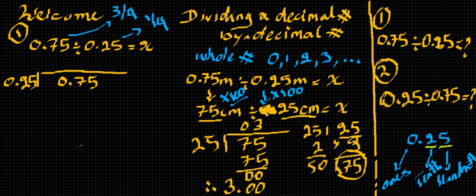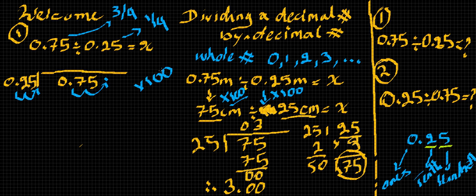If I multiply this by 100, I'm moving the decimal point 2 decimal places to the right, and the same thing for 0.75. Now, when I do this, I've got to be sure that I'm doing the same thing to both numbers. Otherwise, it's not going to be right, and the whole thing would be wrong. So I'm moving the decimal point to where it would be by multiplying by 100, right? And I'm going to do something else.